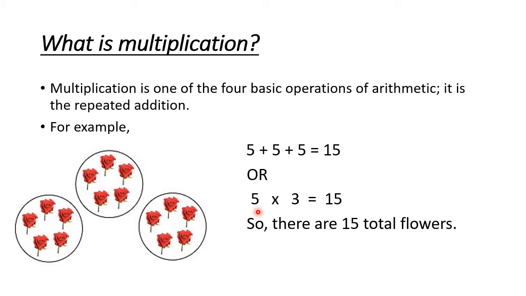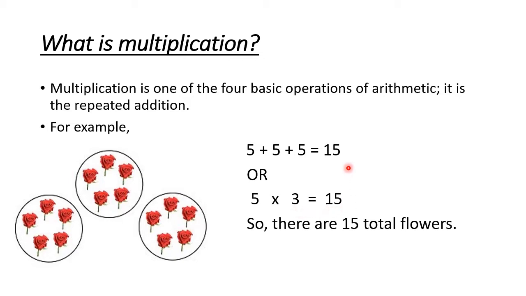Similarly, we can find the total number of flowers with the help of multiplication. How? Look here, we have 5 flowers in each box and we have 3 boxes. So instead of addition, we can multiply 5, that is the number of flowers in each box, by 3, that is the number of boxes. By this method we can also find the total number of flowers, that is 15.